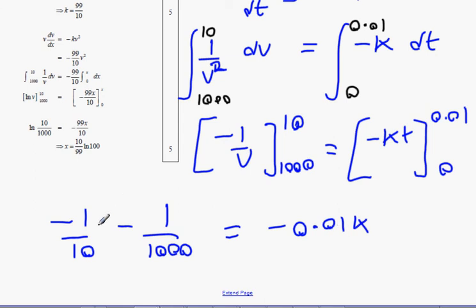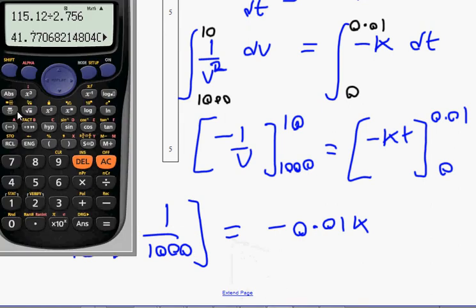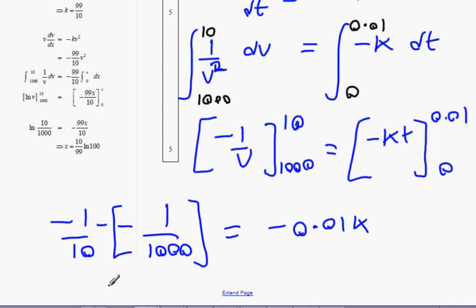Oh, it's a double negative as well. So I forgot the double negative there. So it's technically minus a tenth plus a thousandth. So minus a tenth, oh sorry, plus a thousandth. It's going to be minus 99 over 1000.